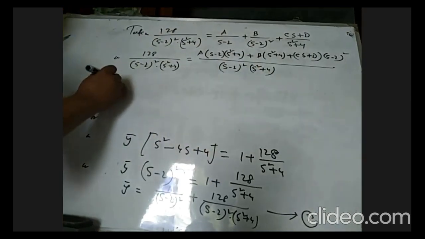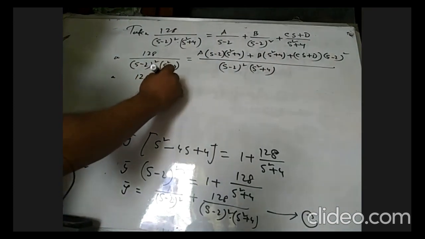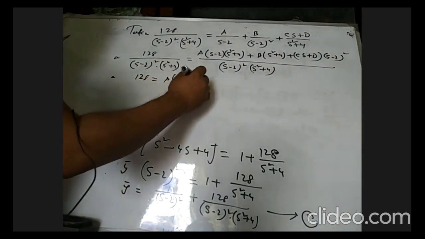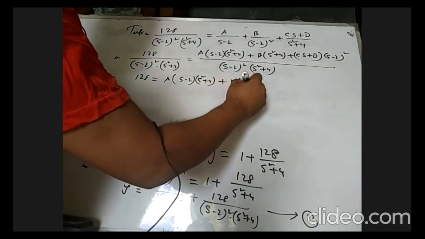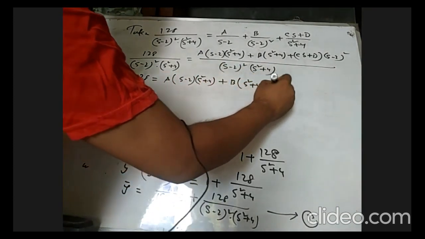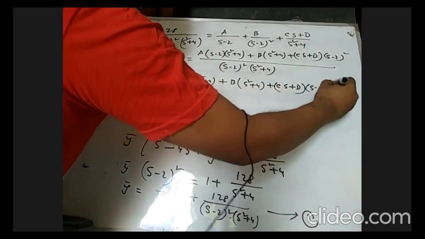Numerator and denominator will be cancelled. So we get only 128 equals a into ... plus b into ... (s minus 2) whole square.